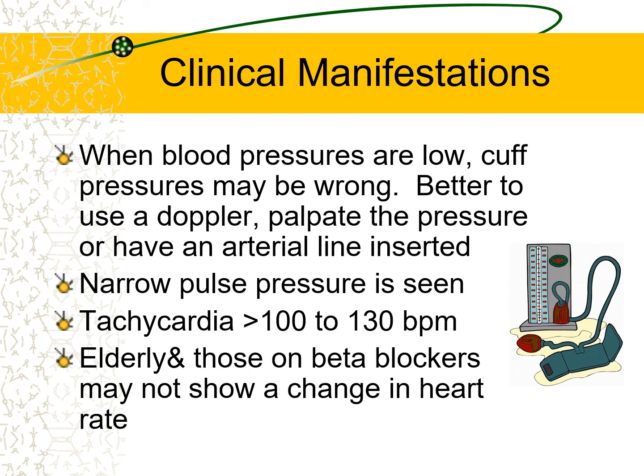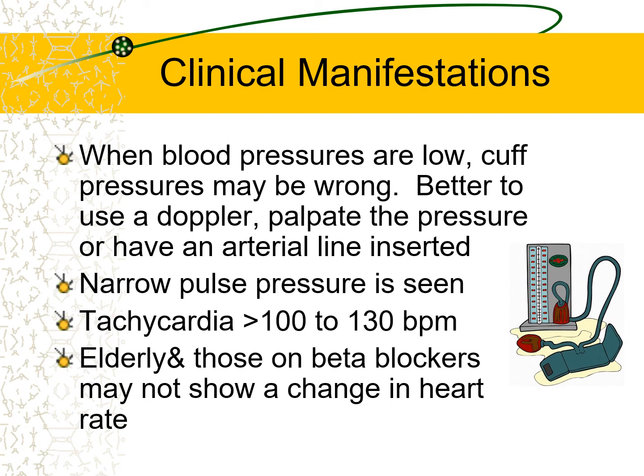Now, there's one little thing we need to think about, because some of our patients, especially our older adults, seem to be taking medications for heart failure, and a lot of our patients are on beta blockers. Now, are we going to see tachycardia in a patient who's in shock, who's on a beta blocker?